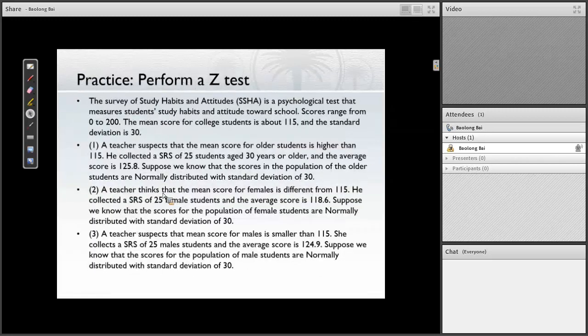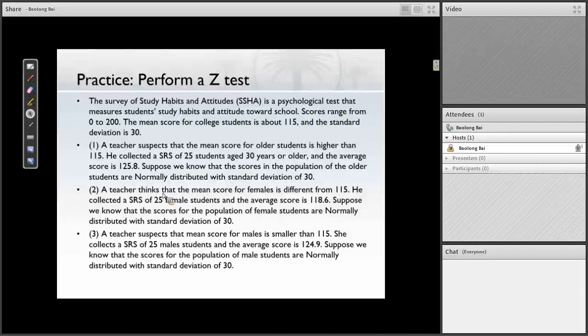So now let's look at an example. This is the scenario we just talked about earlier. The Survey of Study Habits and Attitudes, SSHA, is a psychological test that measures students' study habits and attitude towards school. Scores range from 0 to 200.